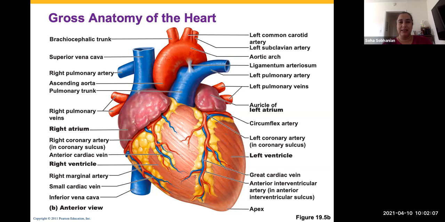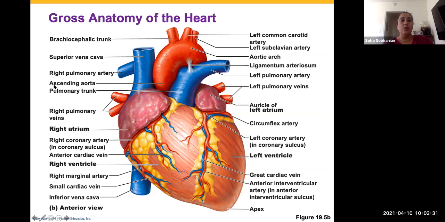Something new that is labeled in this image is the segmentation of your arteries. So let's take a look at the largest artery we have in our body, which is the aorta. When I take the left ventricle and come out of the aorta, the direction of the blood is moving up, right?